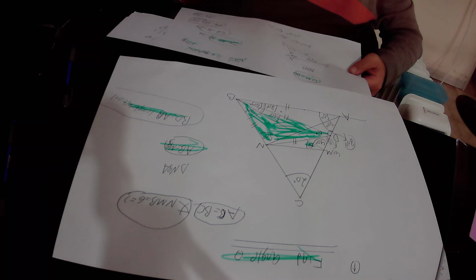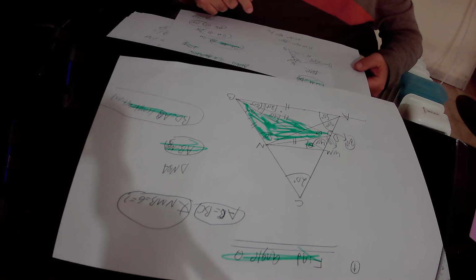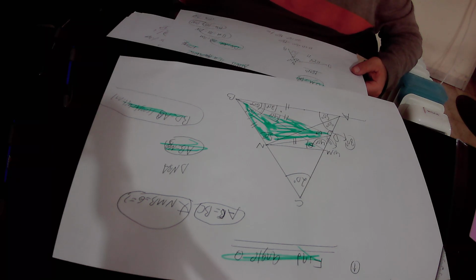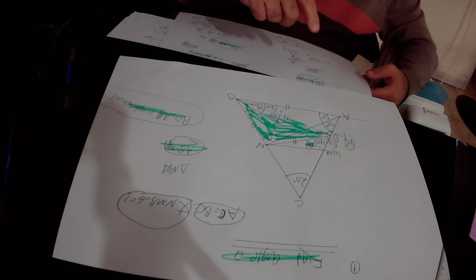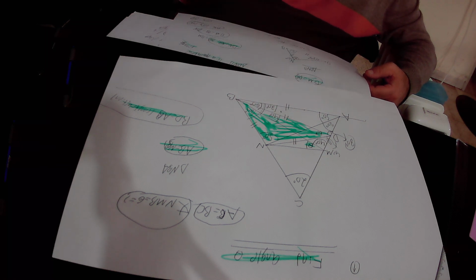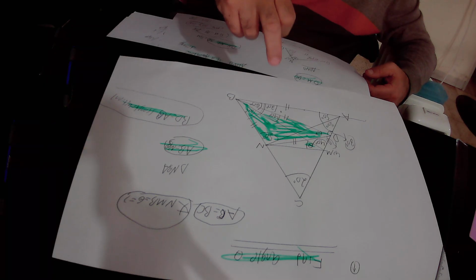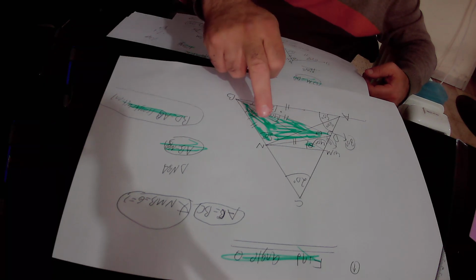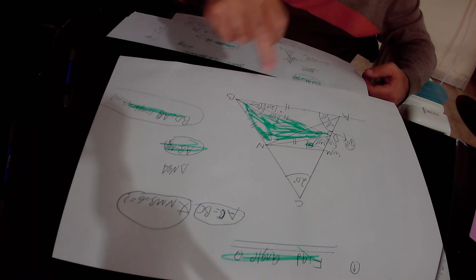Then I focused on a new triangle. We join points D and N together by a straight line. By joining points D and N, we created triangle DNB.